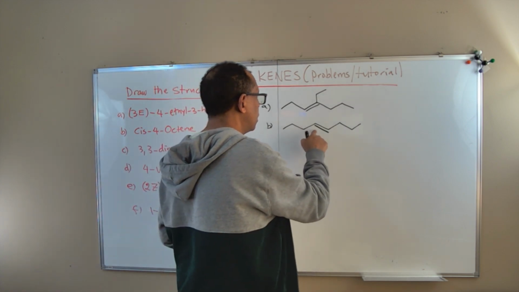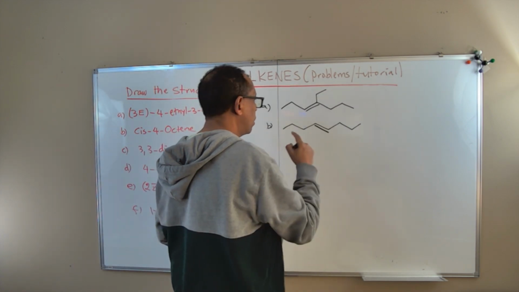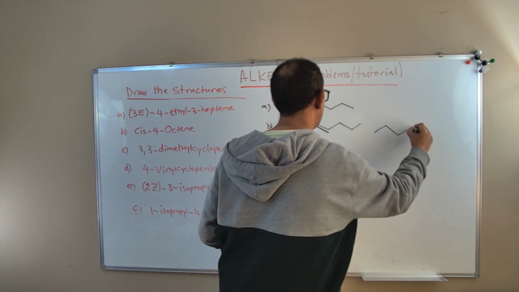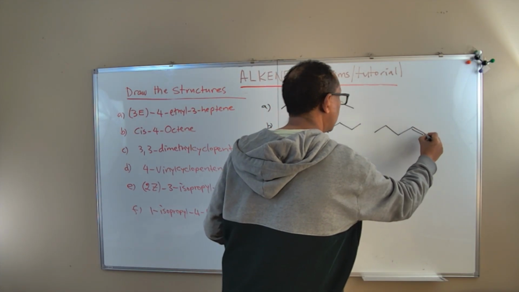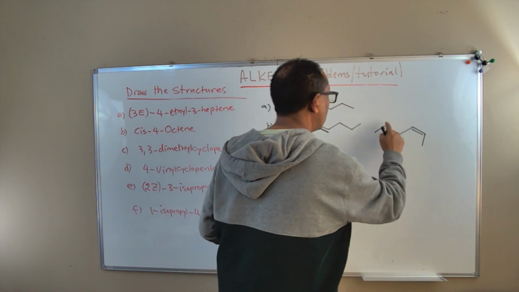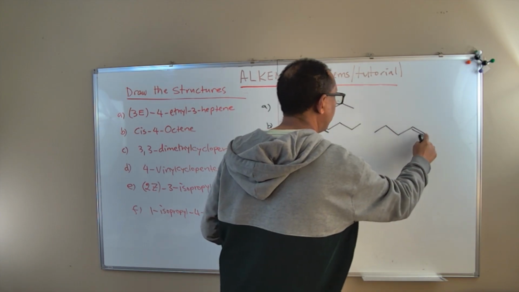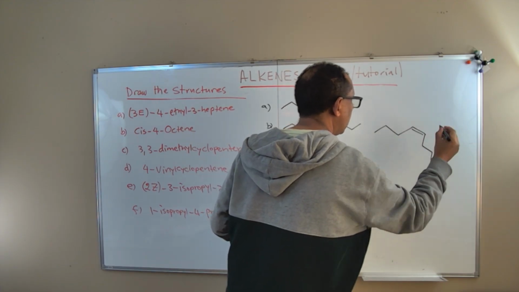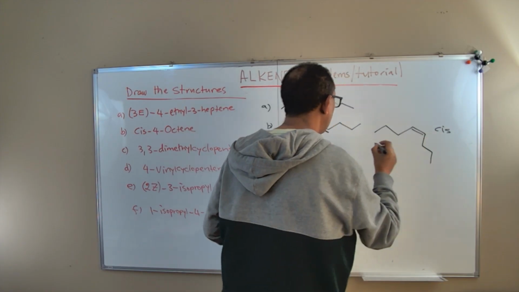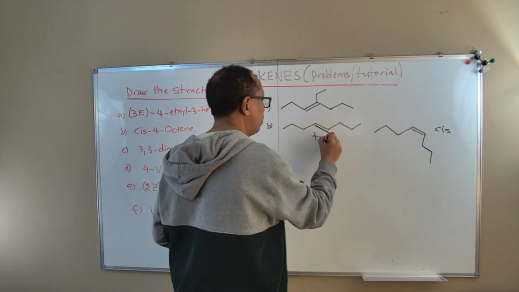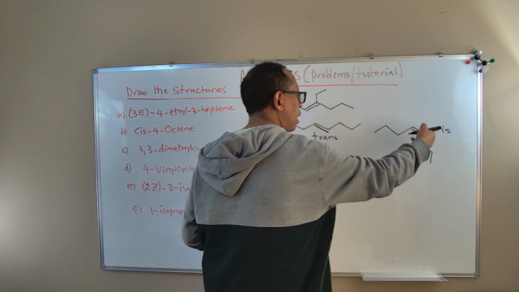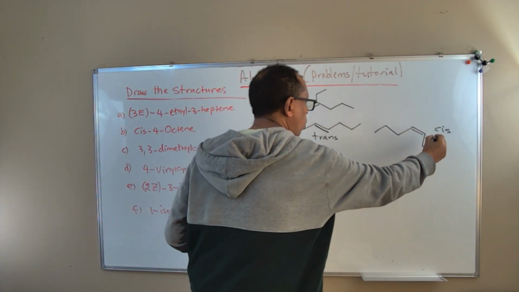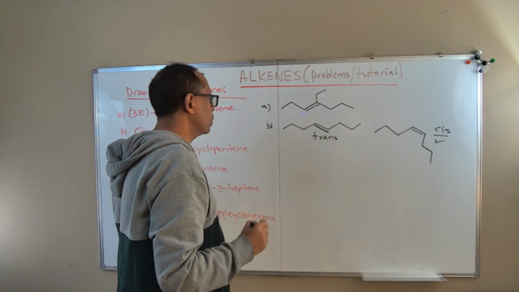This is the trans form, but to draw the cis, I have this, and this down. 1, 2, 3, 4, 5, 6, 7, 8. So this is cis, this is trans. So that alkene is a cis. So the right answer is the cis one, which is this.